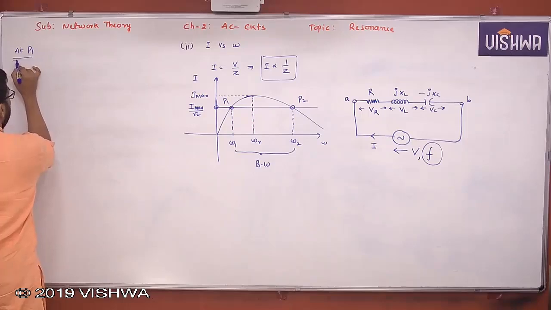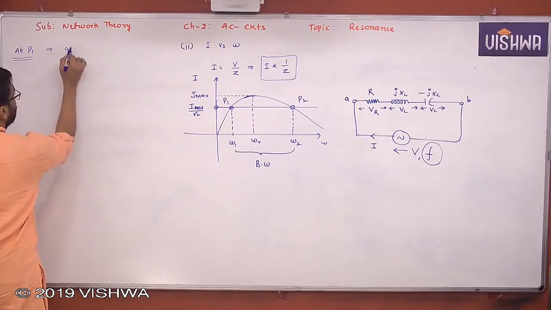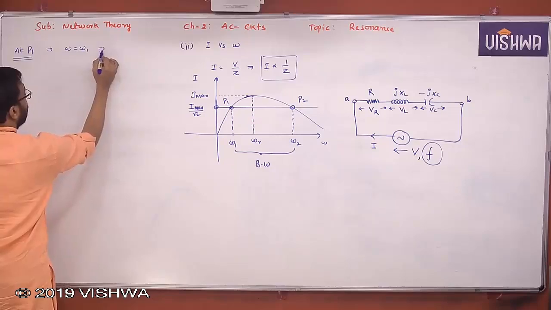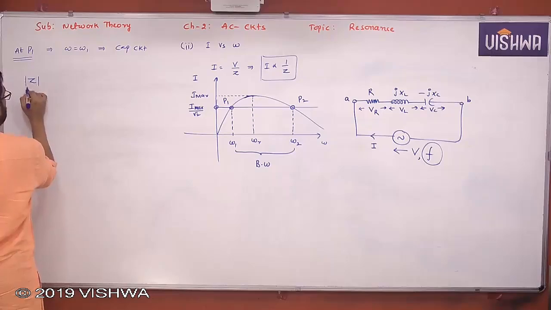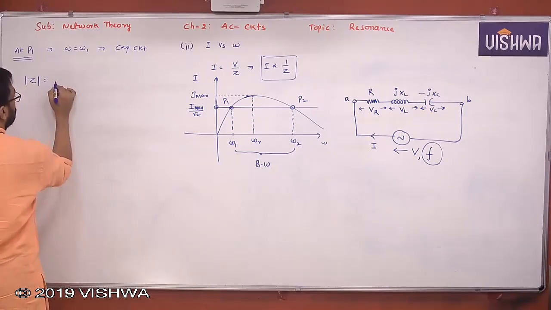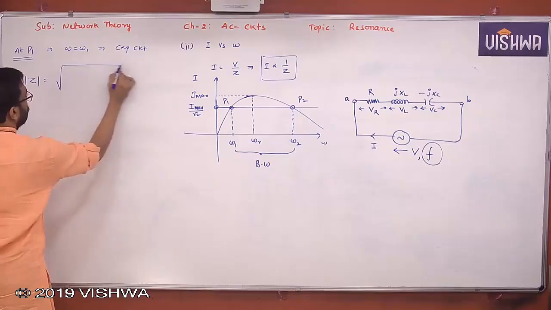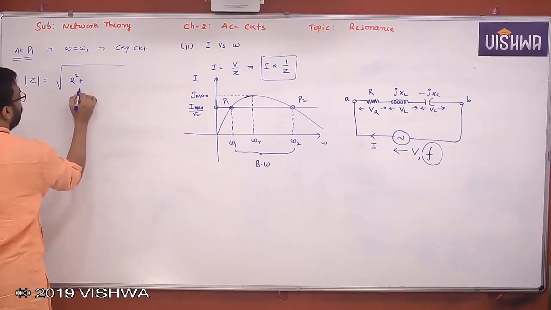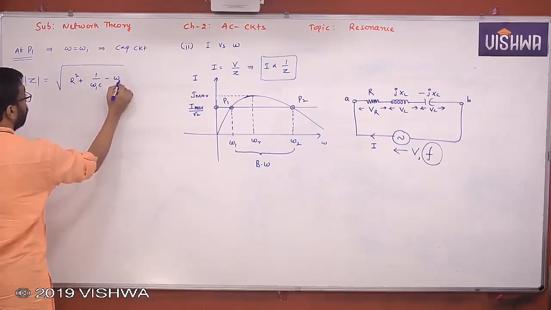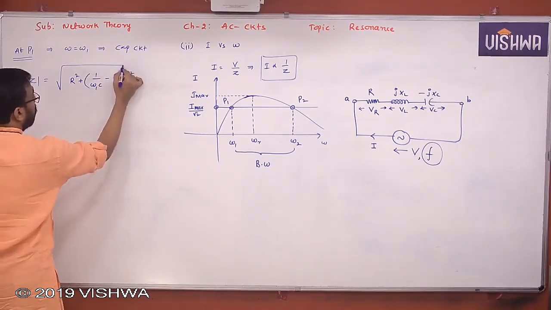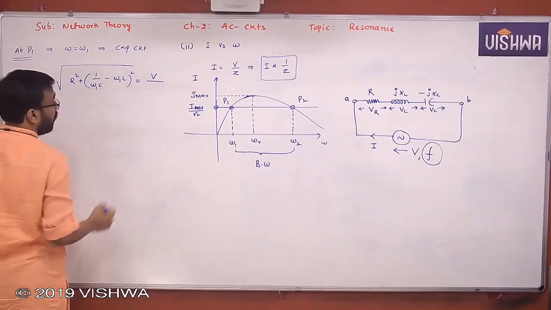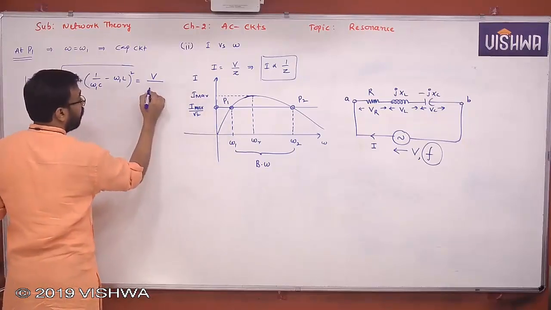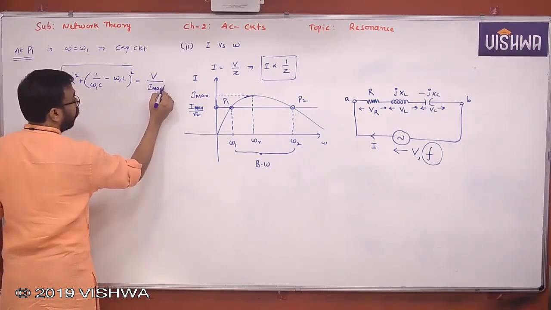At P1, let us say omega is equal to omega 1. And we know that it is acting like a capacitive circuit. Therefore, the impedance is nothing but root of R square plus (1 by omega 1 C, that is XC, minus XL) square, where XL is omega 1 L. This is equal to voltage V by the current, I max by root 2.